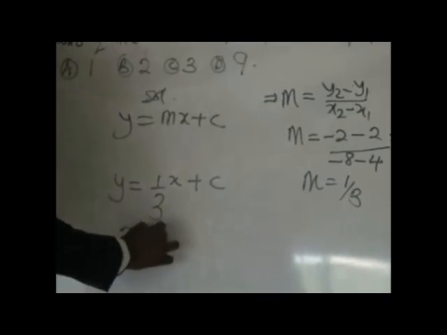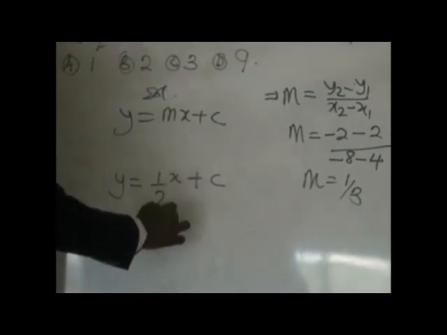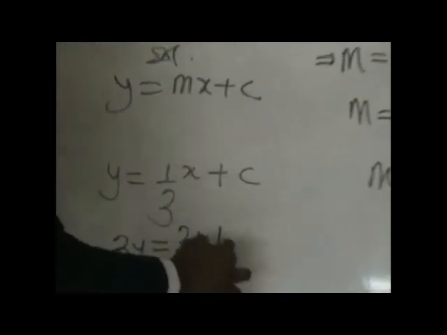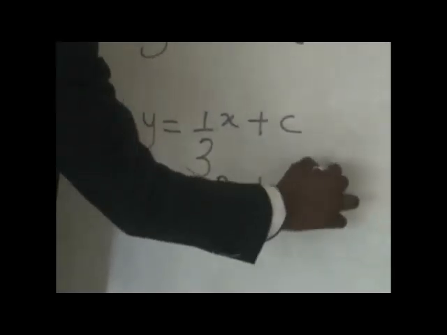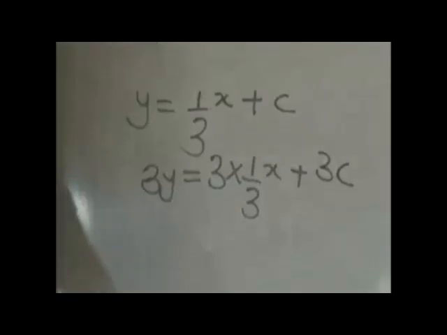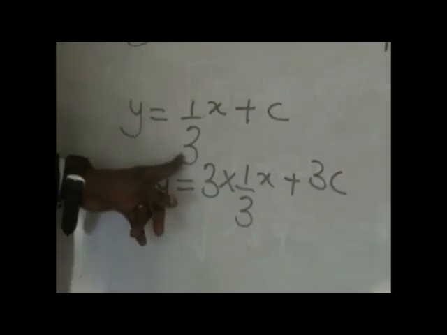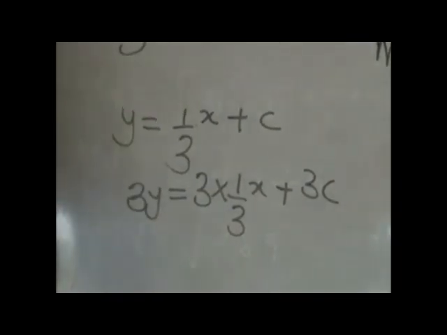So what we need to do is to multiply through by 3. Multiply through by 3, I'm going to have 3 times y will give me 3y equal to 3 times 1 over 3x, plus 3 times c. So the essence of multiplying through by this denominator is to clear out the fractional part.